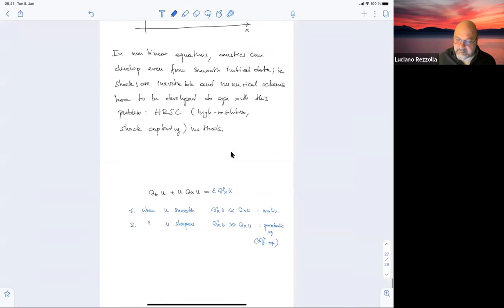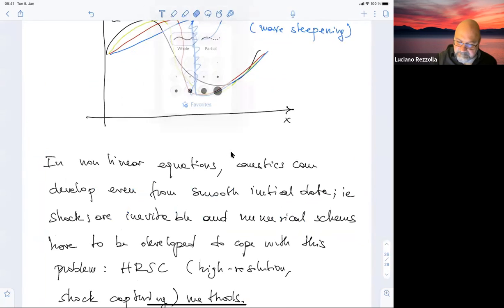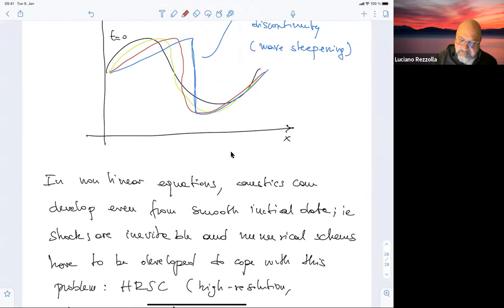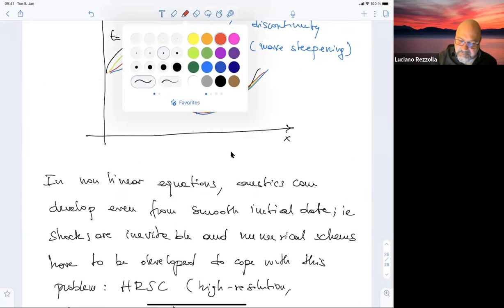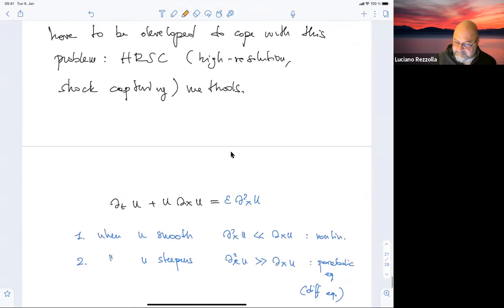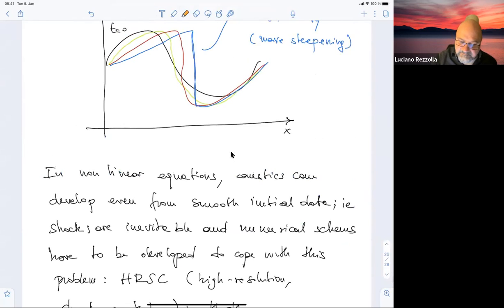Okay, so if we go back to this example here, when we were steepening, then you can imagine that before steepening, there are going to be additional terms, the ones coming here on the right hand side, that will want to smoothen out this profile, so that the profile will actually look like so.